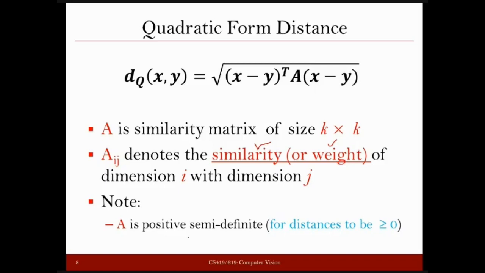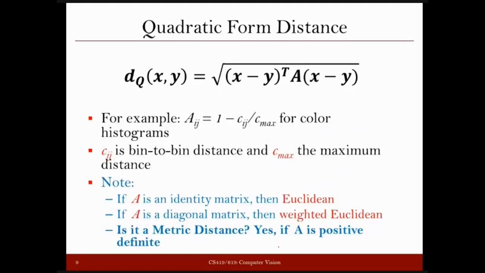Okay, and this matrix A is a positive semi-definite matrix, and this criterion is required if you want the distances to be greater than or equal to 0. If A is a positive semi-definite matrix, then we can say with surety that the distances you get will be greater than or equal to 0.